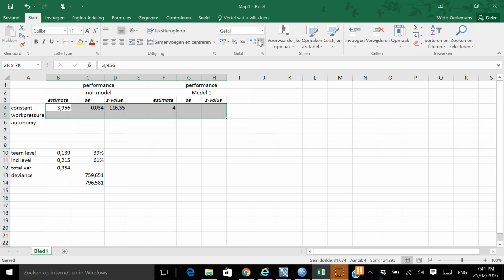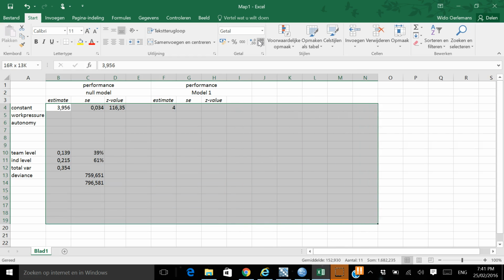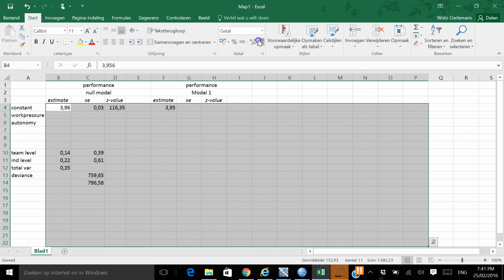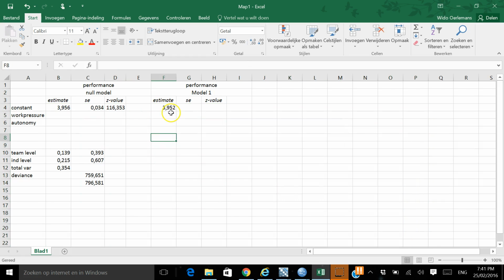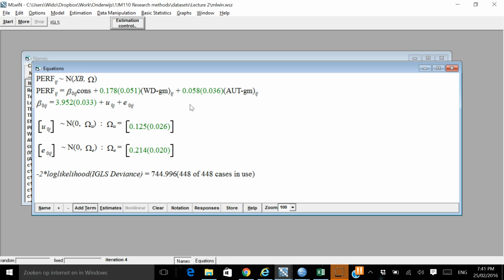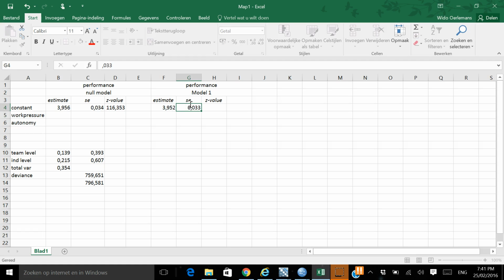It's also big. I think if I include words, then it doesn't work. Okay, here we go. And the standard error is 0.033. And the Z value is significant, but this is not a predictor, of course.